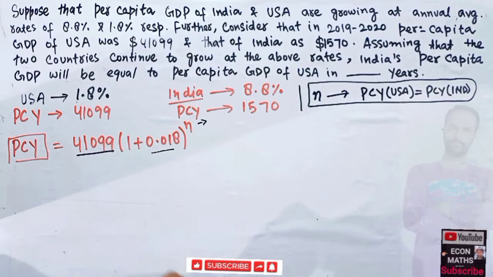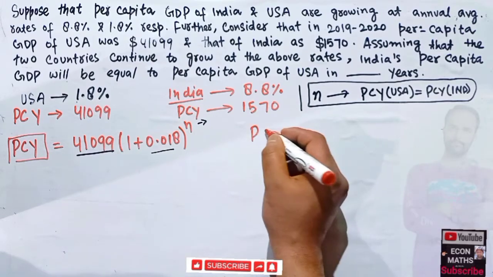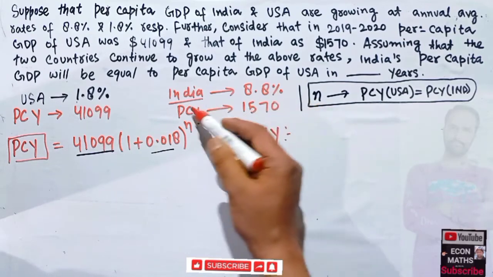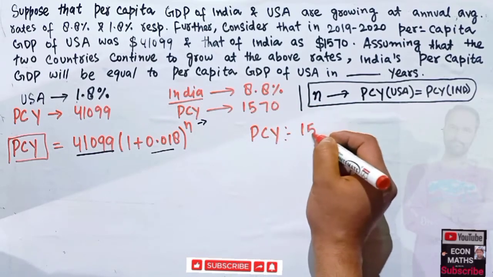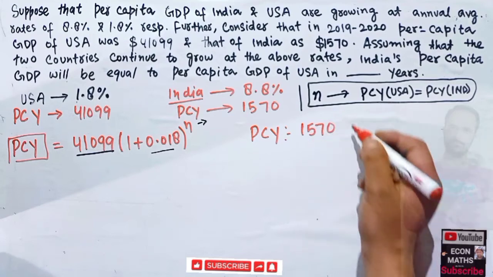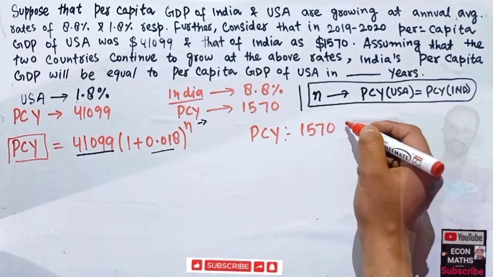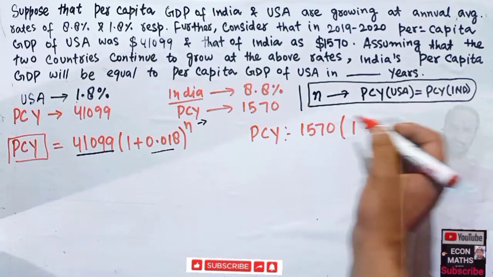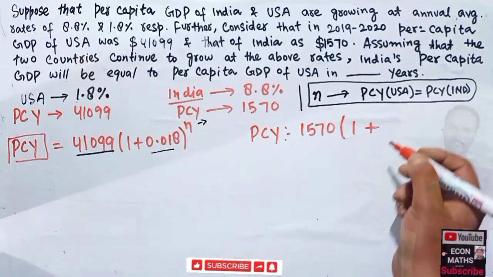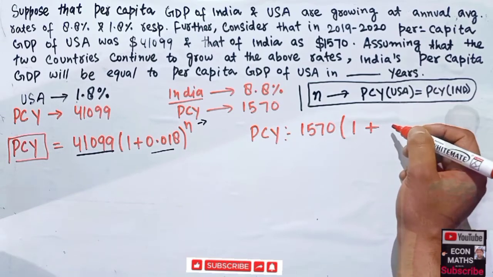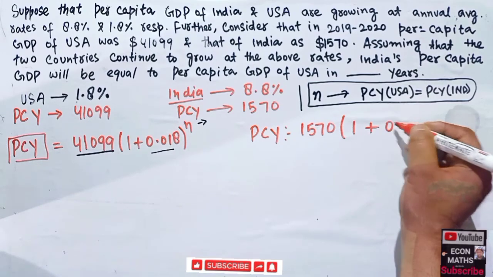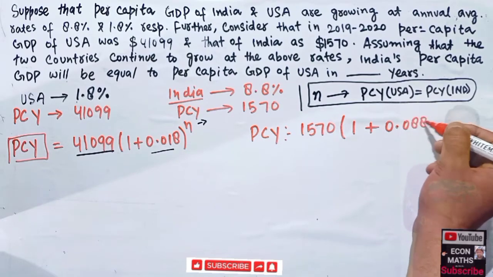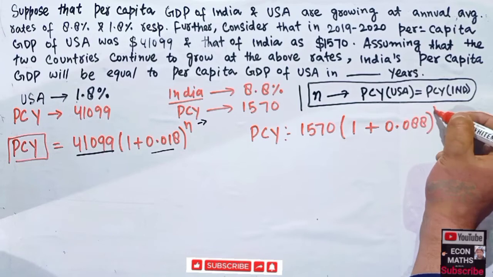Similarly for India, what will be the per capita income after n years? We have 1570, our original per capita income, to which we multiply 1 plus the growth rate of India, 8.8%, which in decimals is 0.088, raised to the power n.